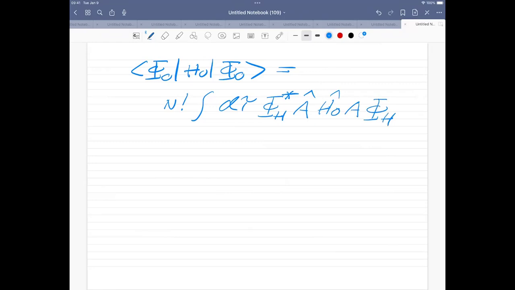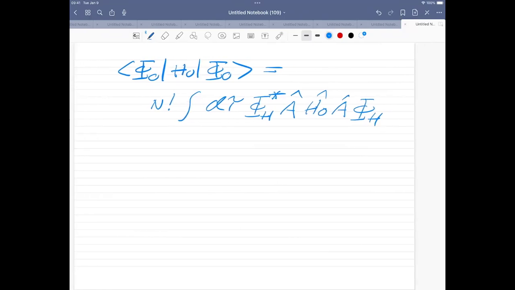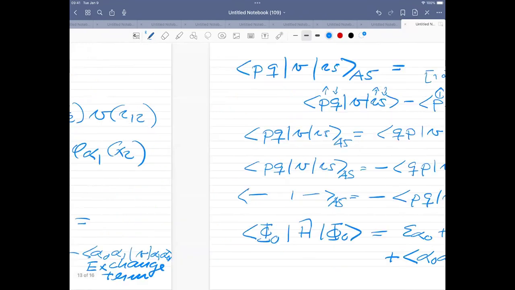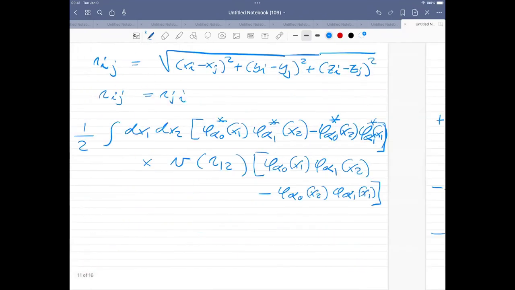So remember now that this phi of h is just a product of the diagonal matrix elements of the determinant, which are just the single particle states from 1 up to n. And this A was that operator which we call the anti-symmetrization operator. So let me just bring it back so that you have it.